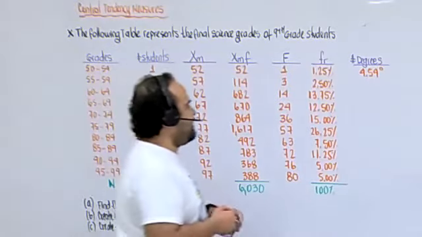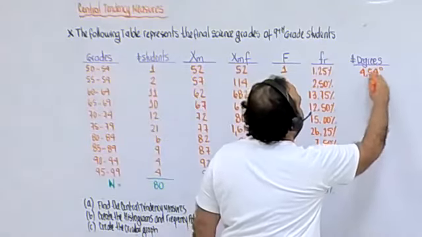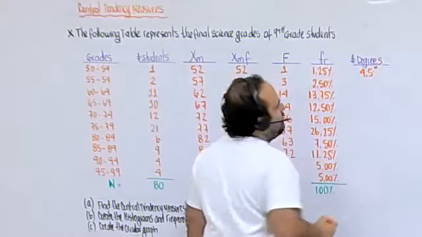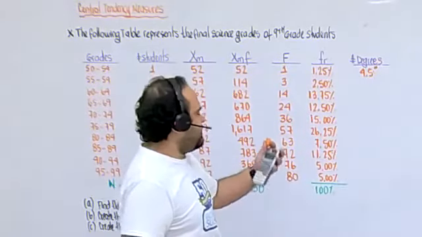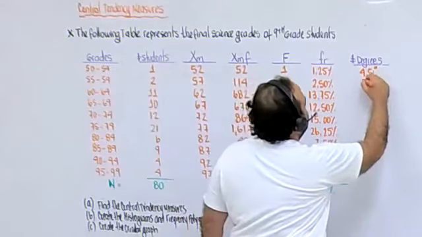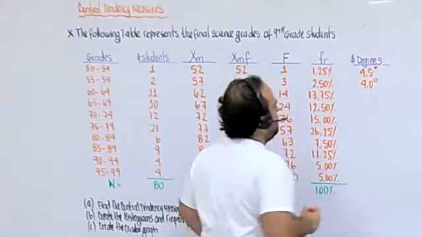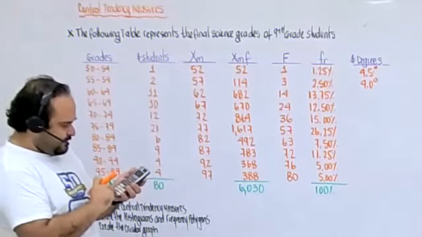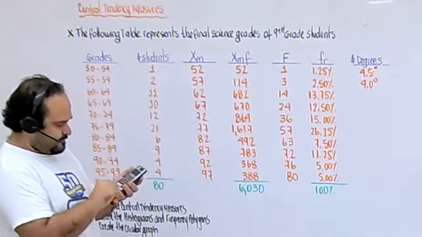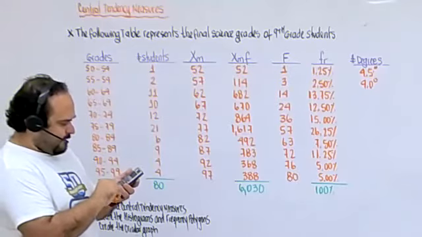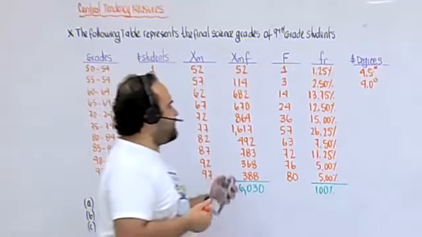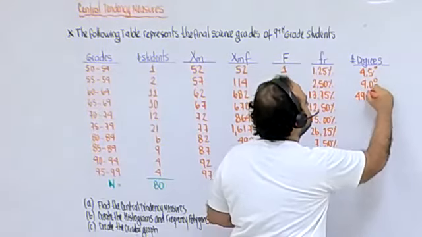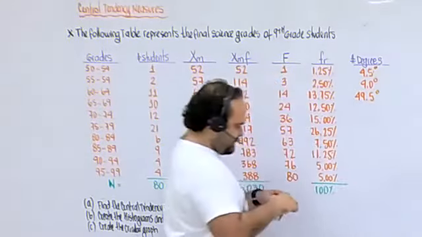Another one will be 9 degrees. Well, we're going to use 4.5 degrees, okay? We're going to give it in one decimal number. That will be easier for us. The other one will be 9.0 degrees. The next one will be 49.5.